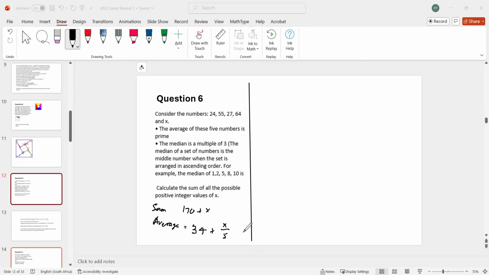Okay, and this thing here is prime. So this number here is a prime number. Which means that x over 5 must be an integer, which means that x is a multiple of 5. To add 34 to something to get a prime number, you must be adding an integer. So x is a multiple of 5.